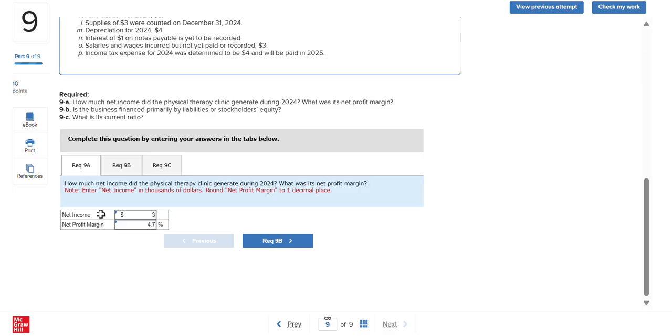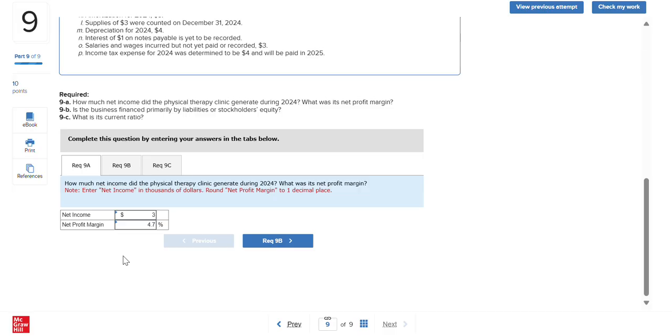And then once I had the net income, I used that number to calculate the net profit margin. The formula I use for the net profit margin is net profit margin equals net income divided by total revenue multiplied by 100. So I took the 3,000 net income and divided it by the total revenue amount, which gave me 4.7%.